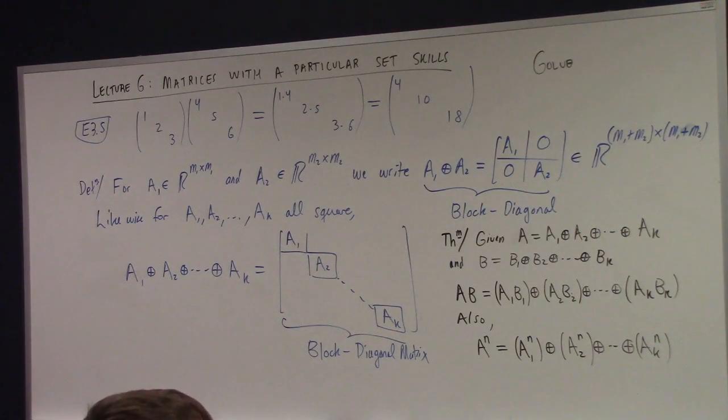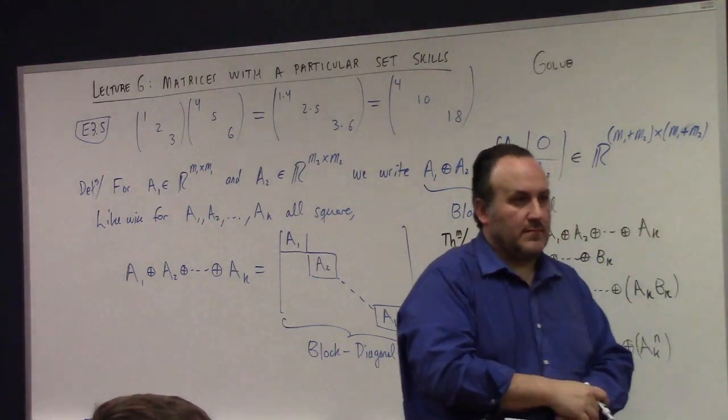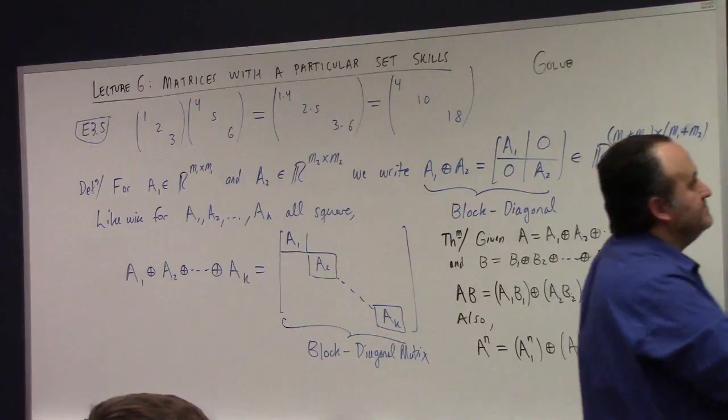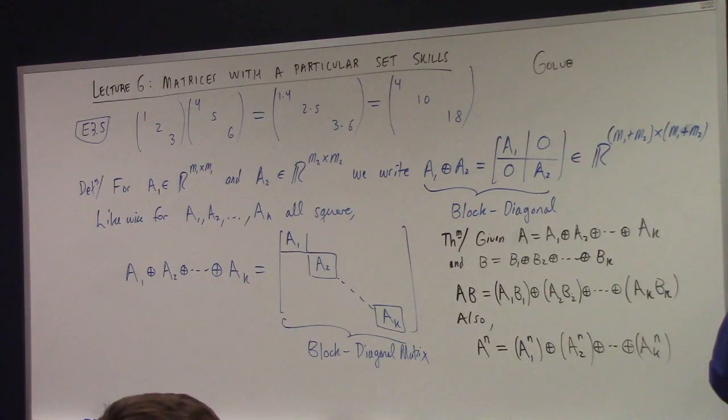Explicitly, going back to the start of today, what happens when you square this matrix? You get I2 squared, direct sum N3 squared. What happens when you cube the matrix? We get I2 cubed, direct sum N3 cubed.